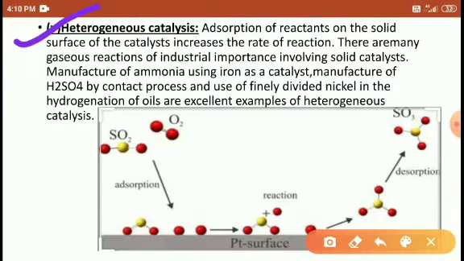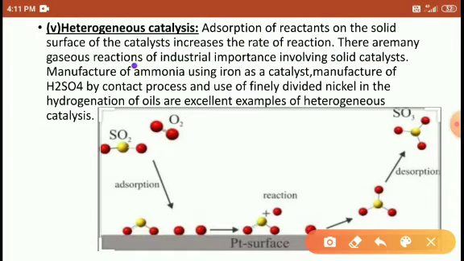Heterogeneous catalysis. Heterogeneous means, students, the reactant and catalyst are in different phases or different states, called heterogeneous catalysis. Right students. So adsorption of the reactant on the solid catalyst surface increases the rate of reaction.